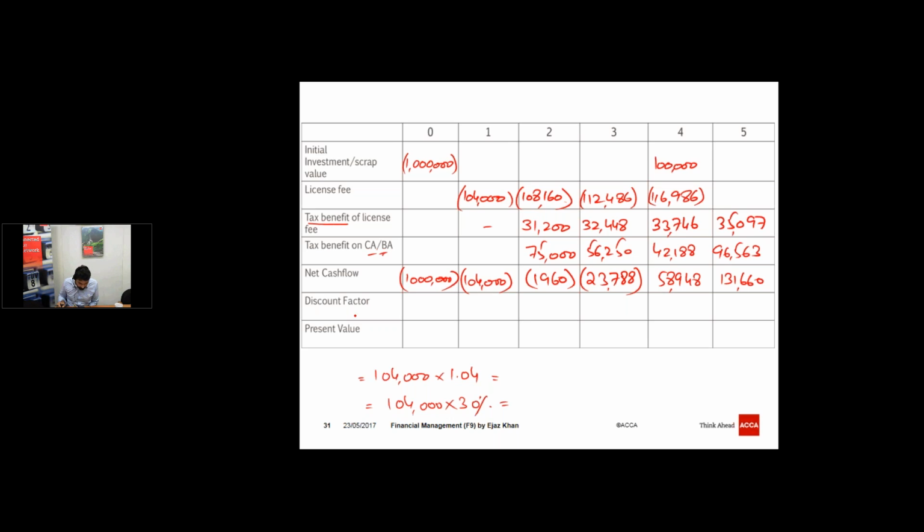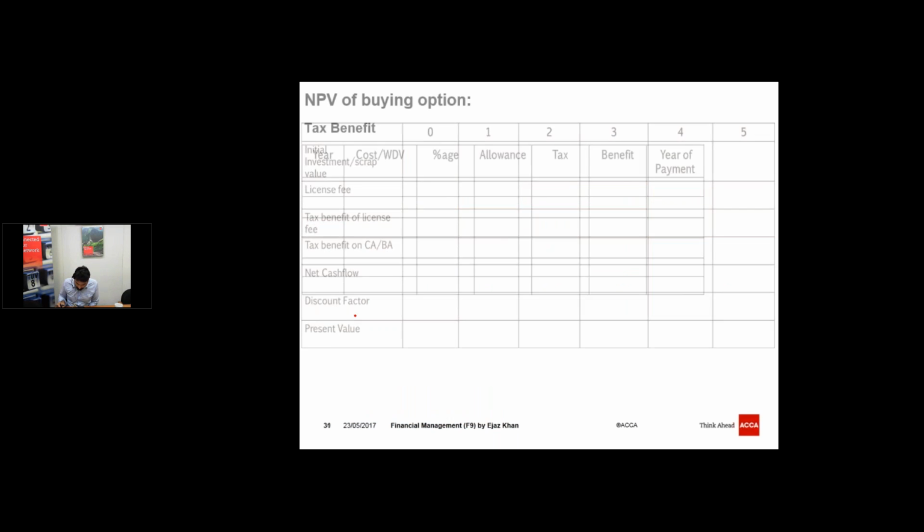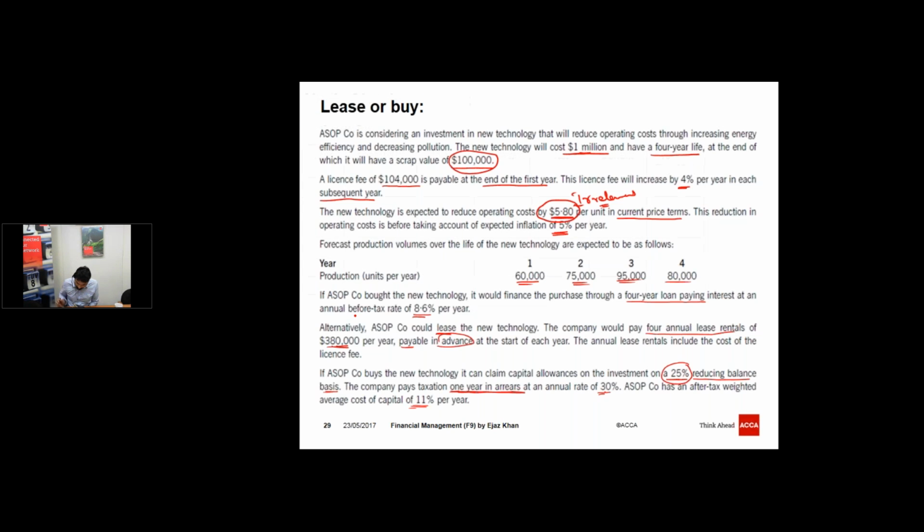Okay, what discount factor should we be using? Let's go back to the question first and listen carefully. We have been provided with two types of rates. One is 8.6% per year, which is the finance rate, the interest rate. And the second rate is the cost of capital, that is 11%.